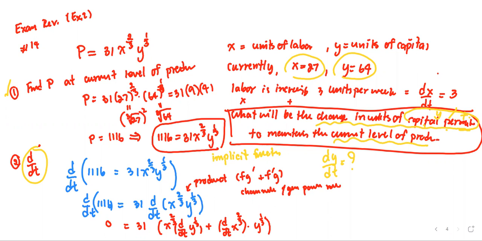Let me see if I can clean up somehow. Yeah, the eraser doesn't work. All right, I'm going to move on to the next slide. So what we have is 0 equals 31, and then the first term, x to the power 2/3.